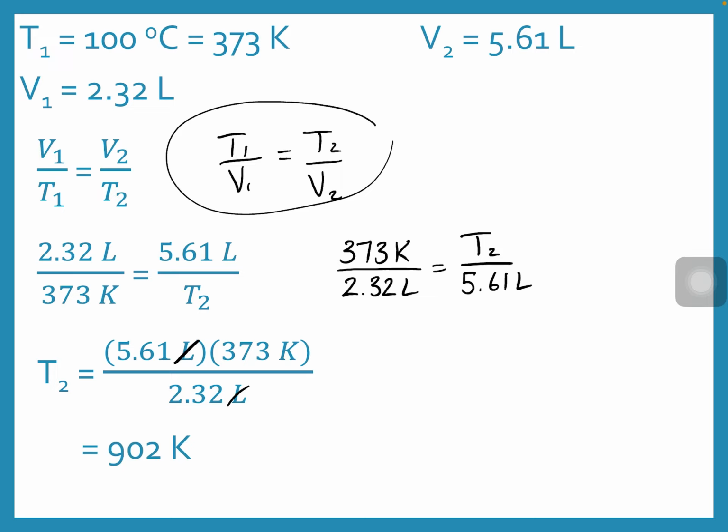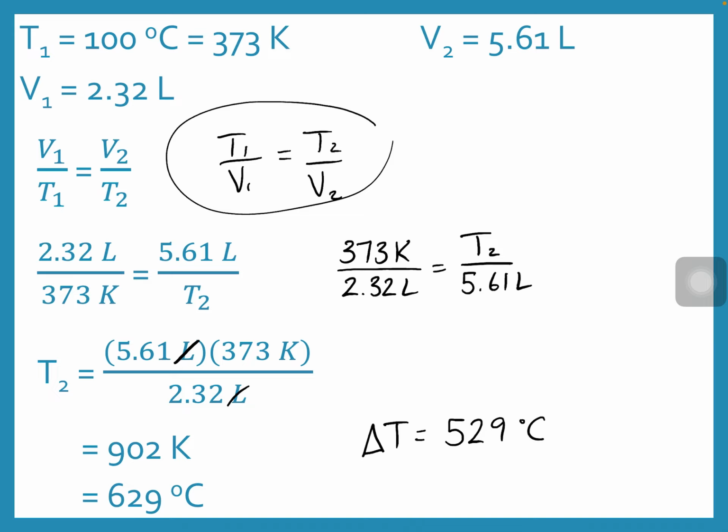902 Kelvin, if I subtract 273, is equal to 629 degrees Celsius. I was asked for the change in temperature in degrees Celsius. If I started at 100 and ended at 629, that is a change in temperature of 529 degrees Celsius.